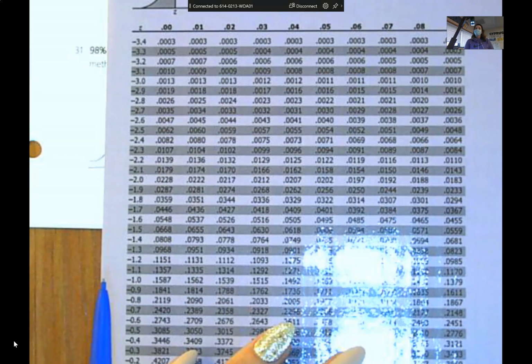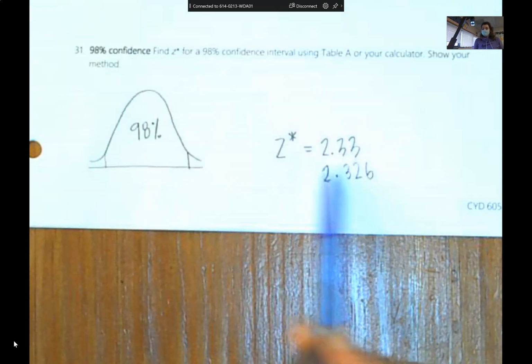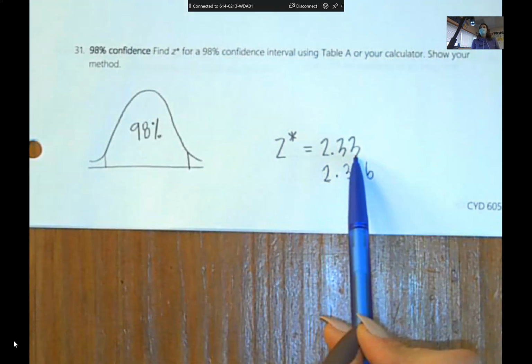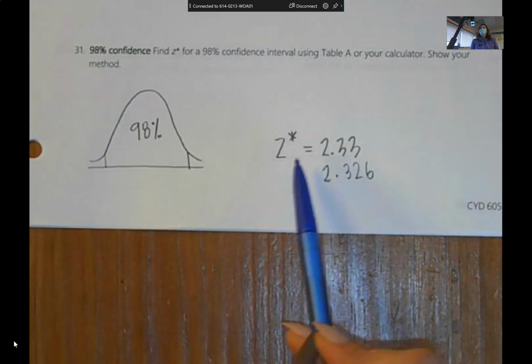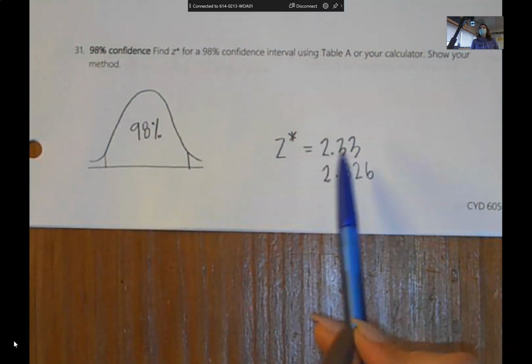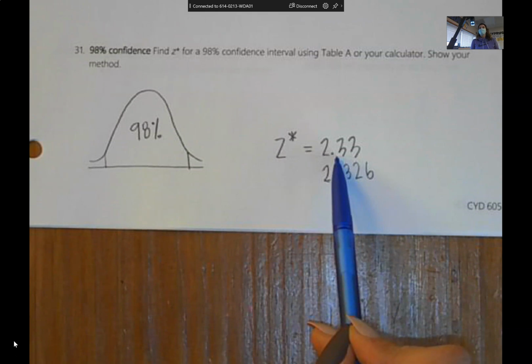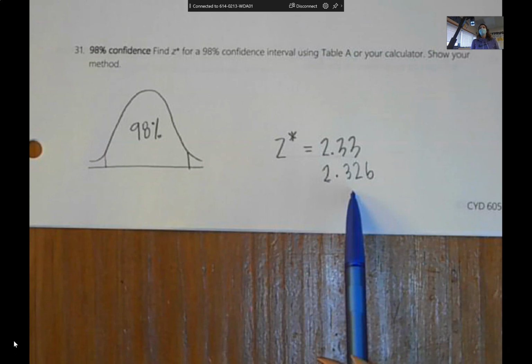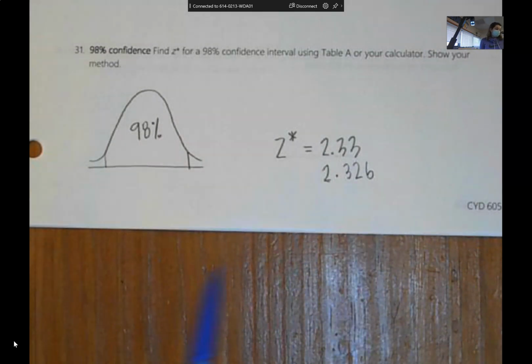Your Z table gives you 2. So I would keep in mind that when you give a Z critical from the table, just be aware that this is the number that the table would give you. This is the number that your calculator gives you. So be aware of that.